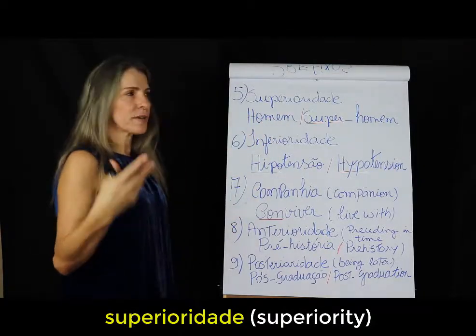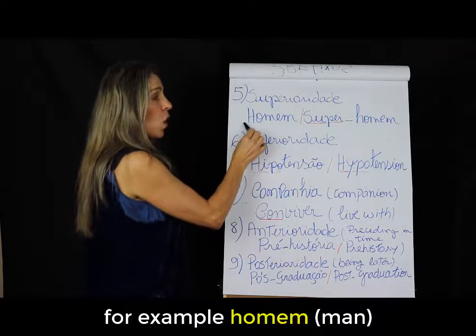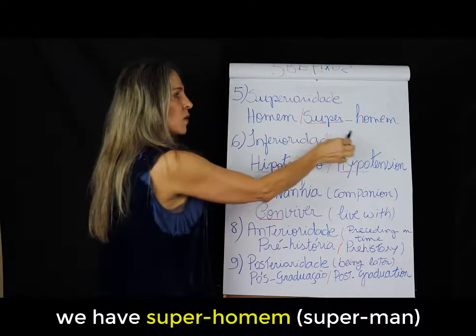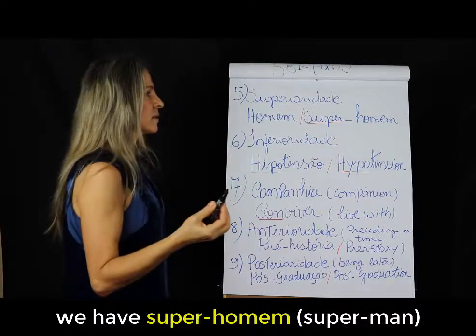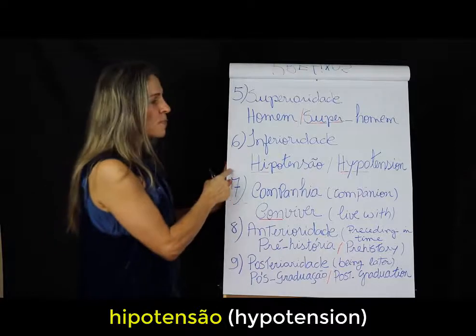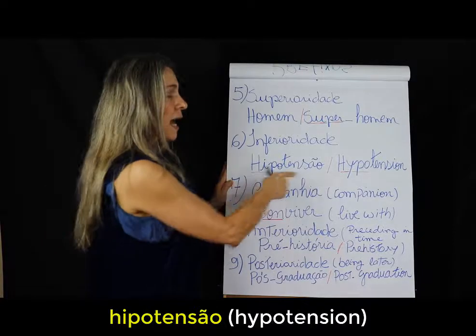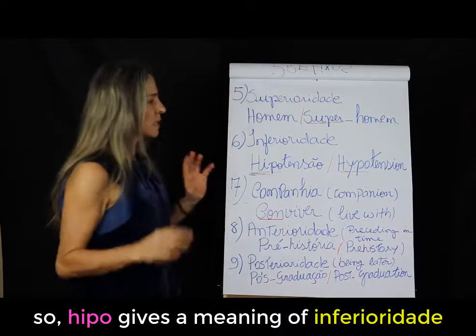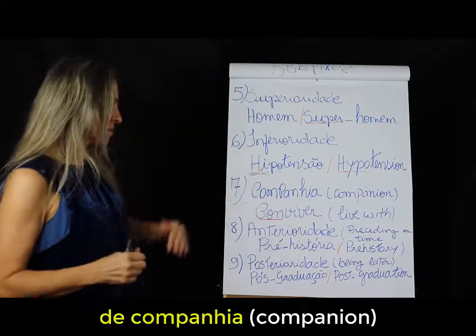Superioridade, superiority. For example, homem, man. We have super, homem, Superman. Inferiority, inferioridade. Hipotensão, hypotension. So, hypo gives a meaning of inferioridade.